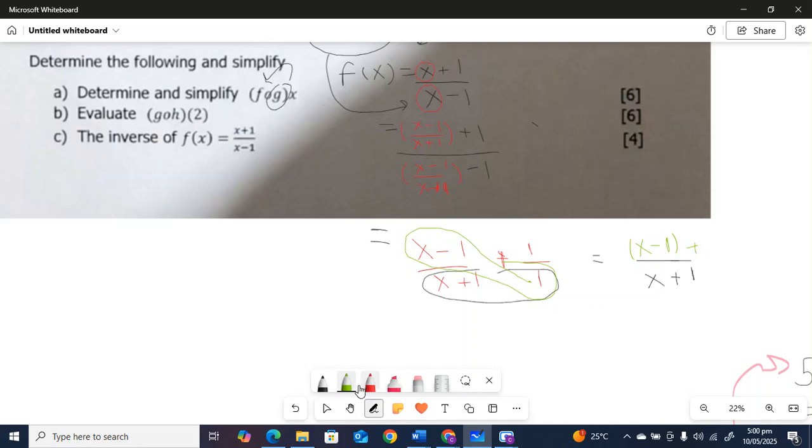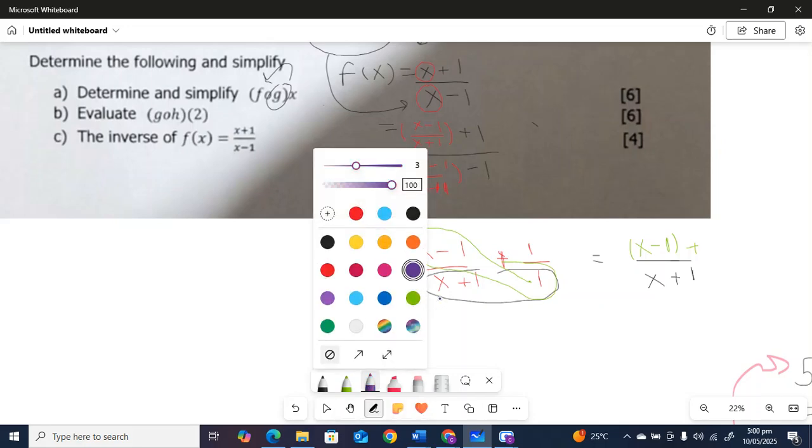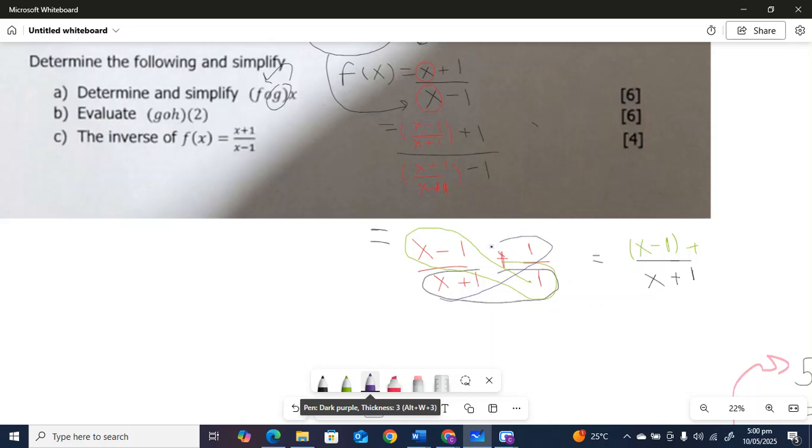Plus, then you multiply x plus 1 times 1, and you're going to get x plus 1 here. Any questions before I move further?